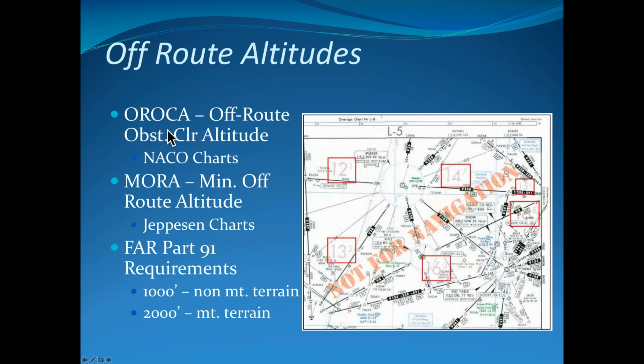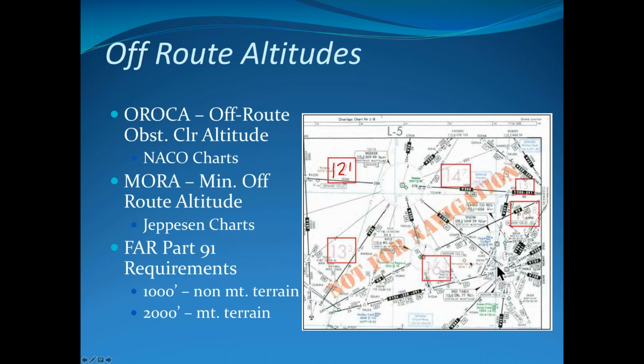These AROCAs are off route obstacle clearance altitudes. You can see these just in these red boxes here. So in each block of longitude and latitude, you're going to see these light numbers.